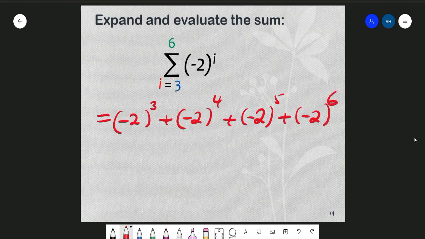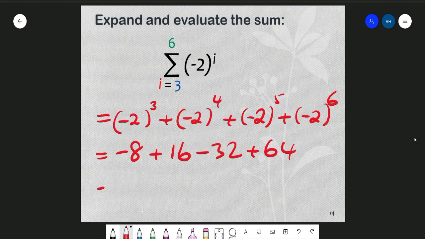So negative 2 cubed is negative 8. Here we have positive 16. Here we have minus 32, and here we have 64.